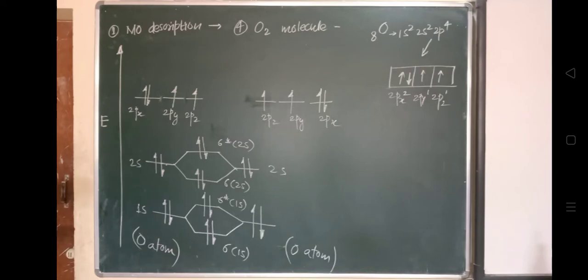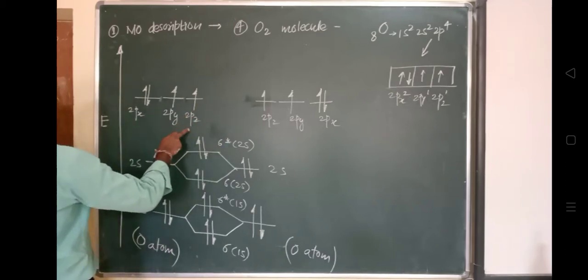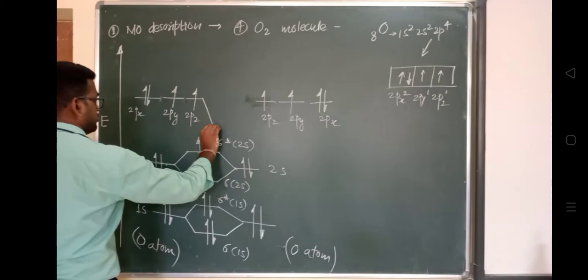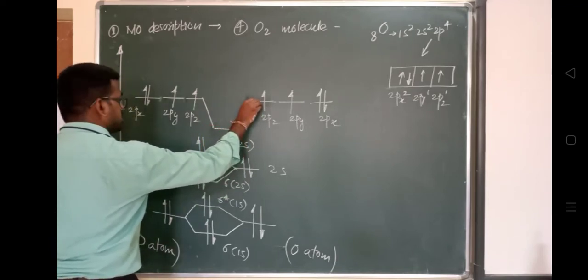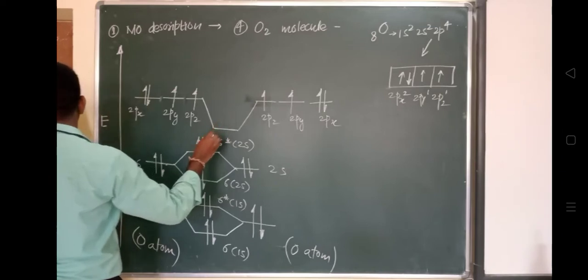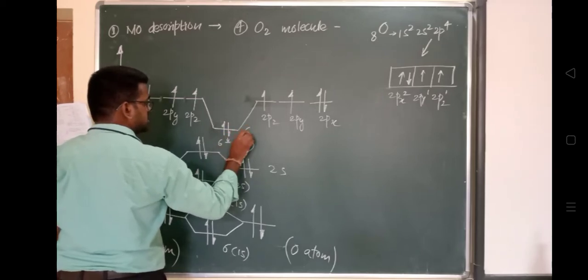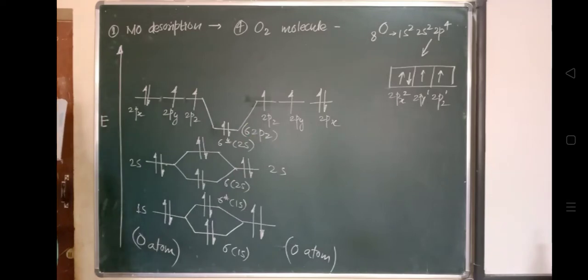Now what will happen? The electrons of the 2pz orbitals will combine, and in this way they will form the sigma 2pz orbital. I will write here sigma 2pz orbital.